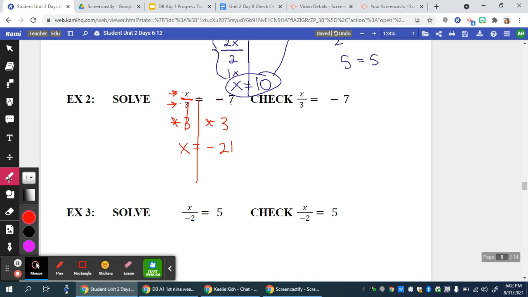A negative and a positive make a negative when you're multiplying or dividing. And now we check our answer. Negative 21 divided by 3 should equal negative 7. And sure enough, negative 21 divided by 3, one negative, one positive makes a negative. 21 divided by 3 is in fact 7. So our answer is x equals negative 21.